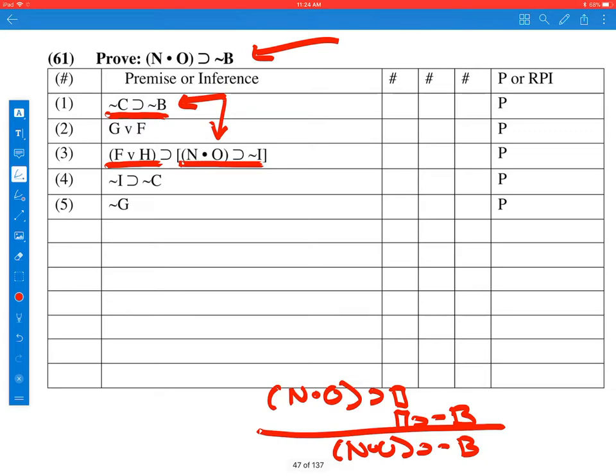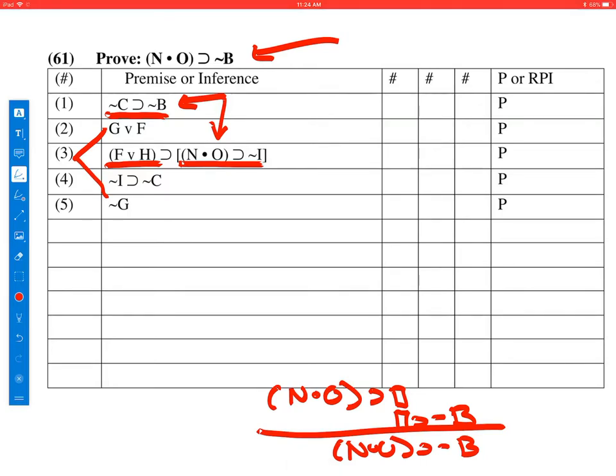Now, I don't see that, but I noticed that I could get an F when I look at lines 2 and 5. 2 says G or F, 5 says not G. Well, from that, F follows, 2 and 5, and that's disjunctive syllogism.